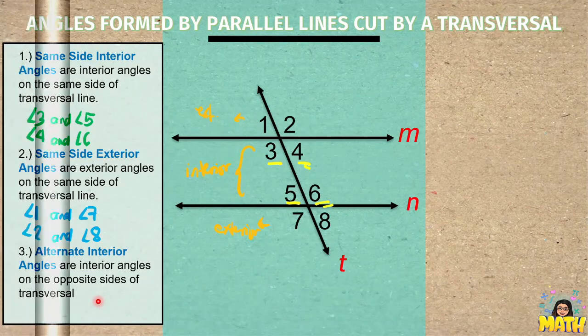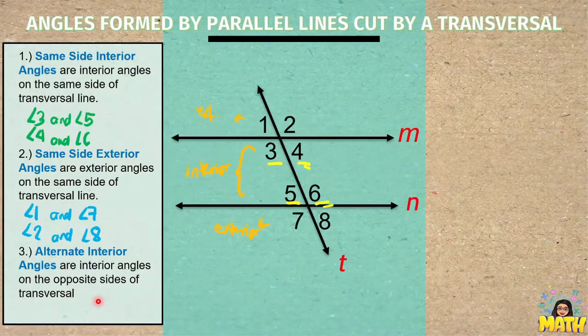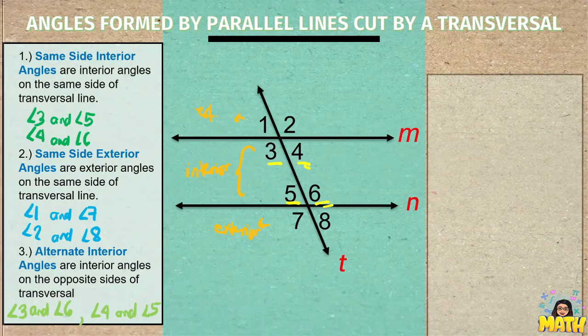Next is what we call alternate interior angles. So these are interior angles on the opposite sides of transversal. Dito naman, nasa interior region pa rin, pero dapat sila ay nasa magka-opposite or magkabilaang sides. So we can have angle 3 paired with angle 6 and angle 4 paired with angle 5.